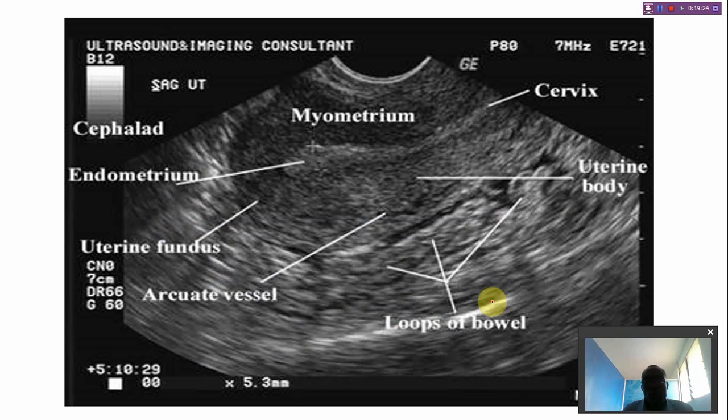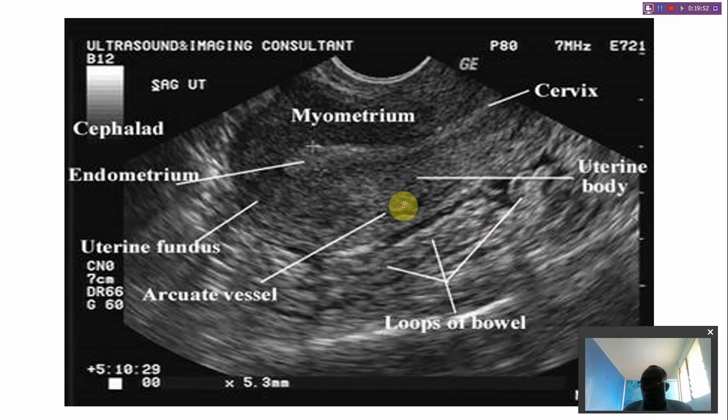So this is another sonographic image of the uterus, a transvaginal image. What we saw in the transabdominal image of the uterus is the same thing we are seeing in the transvaginal image. So you can see the myometrium, endometrium, uterine fundus, arcuate vessel. You have the loops of bowel posterior to the womb, and these are normal phenomena.